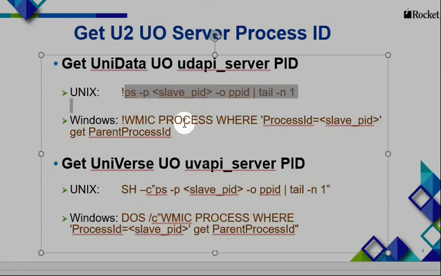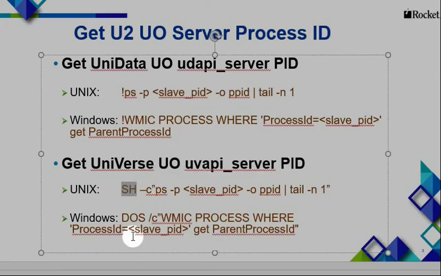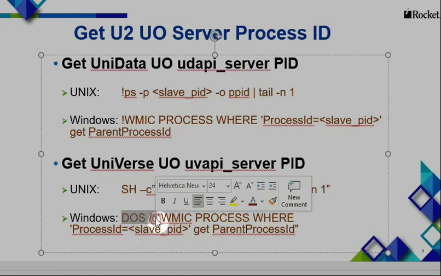On Windows, same thing, using the WMIC command to retrieve the data. For Universe, it's a little bit different. On Unix, use the sh -c option to include the command. For a Windows environment, you need to use the DOS /c command to include the command. So I will show you one by one.